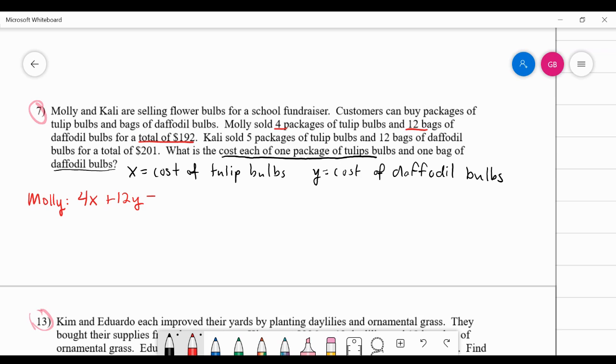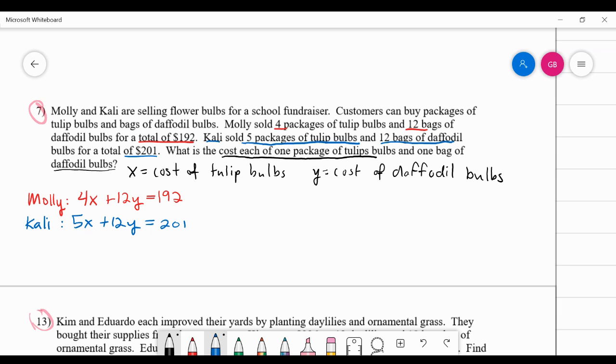So that's going to equal 192. Callie sold 5 packages of tulip bulbs and 12 bags of daffodil bulbs for a total of $201. So for Callie, the equation is 5x plus 12y is equal to 201.